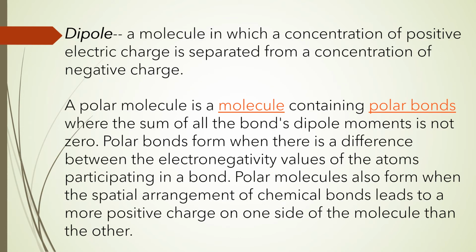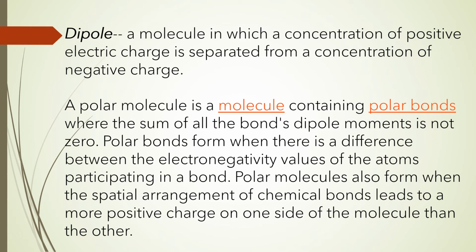Okay, so what do you mean by dipole? A molecule in which a concentration of positive electric charge is separated from a concentration of negative charge. A polar molecule is a molecule containing polar bonds, where the sum of all the bonds' dipole moments is not zero.